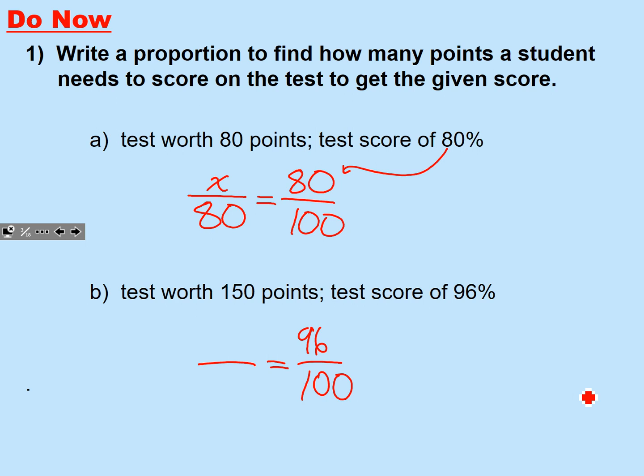How much is this test worth? It is worth 150 points, so 150 should go in the bottom. And you want to figure out how many points you can get correct to get 96%, so you put an x there. Let's go to the next problem.